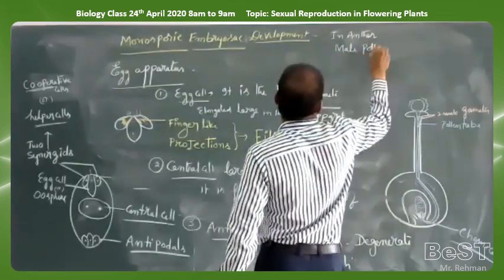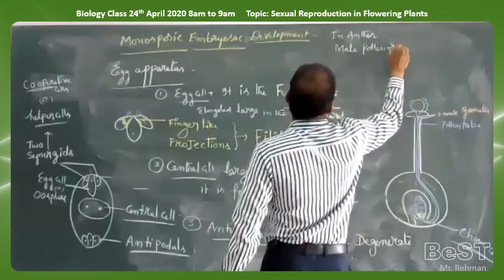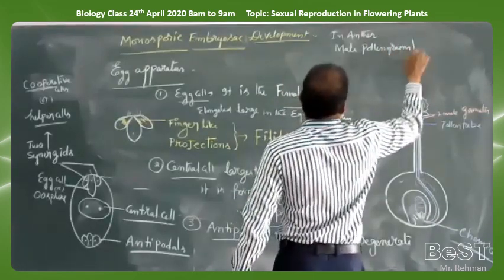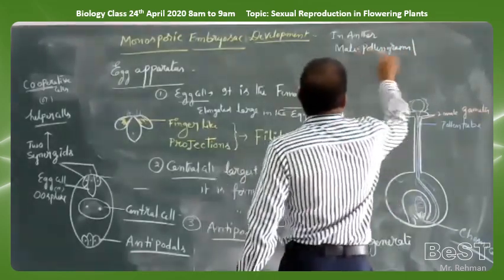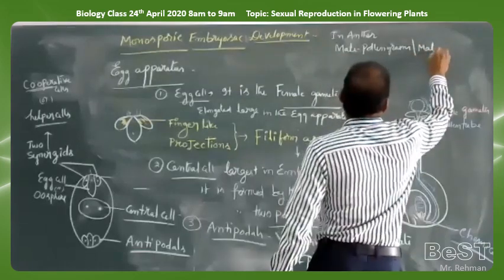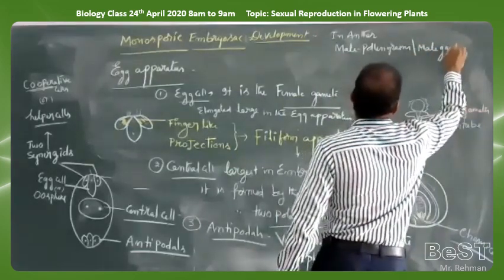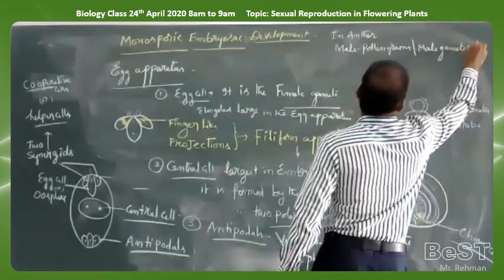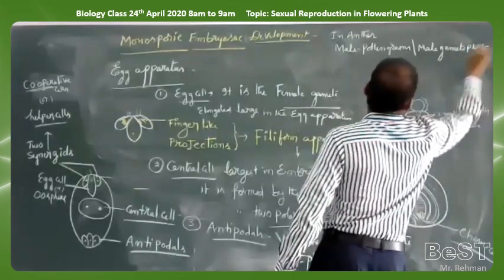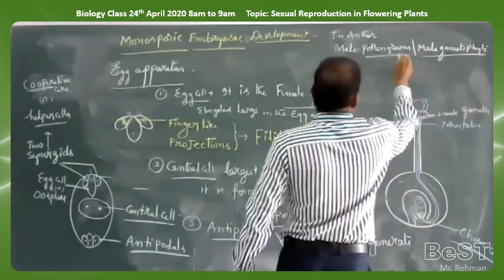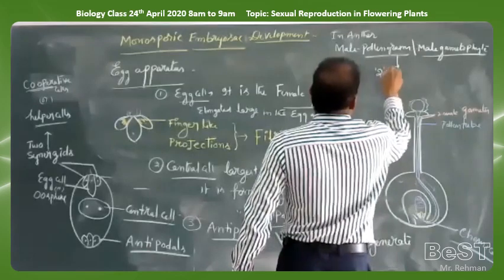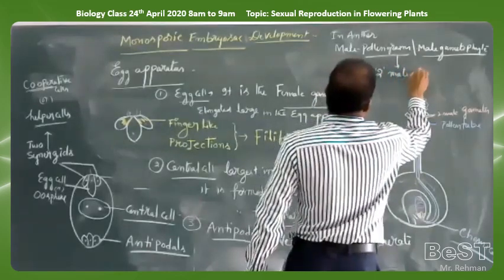Pollen grains, which develop into male gametophytes, and a male gametophyte consists of two male gametes.